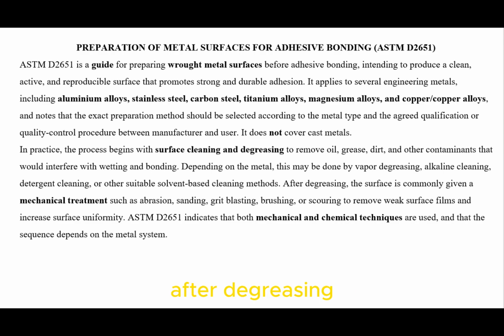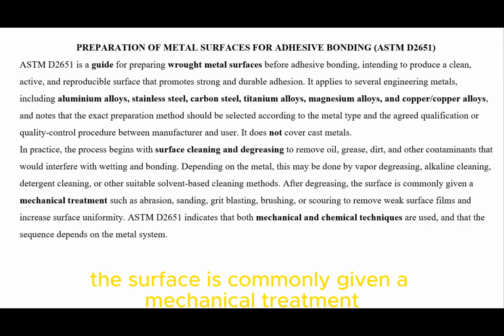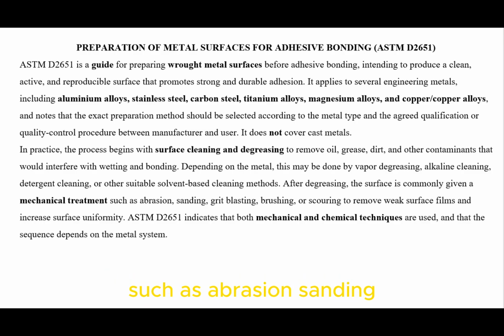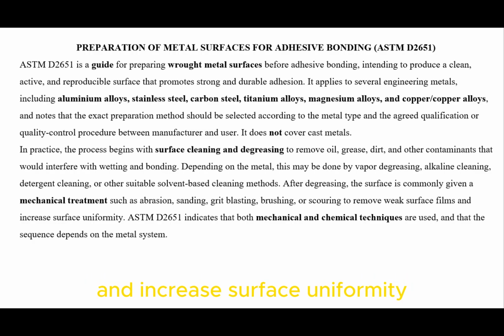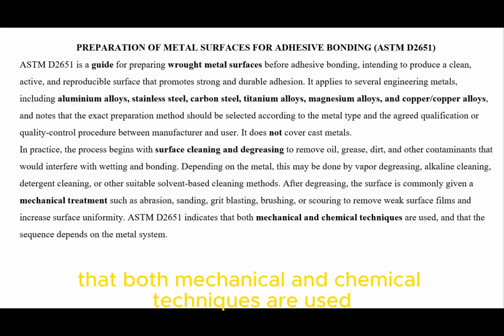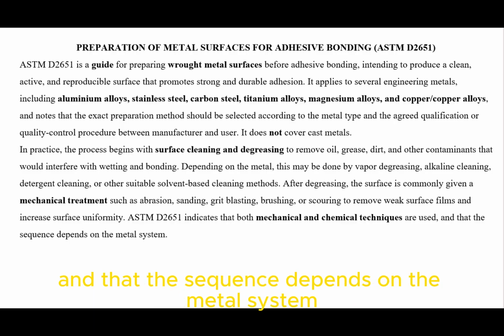After degreasing, the surface is commonly given a mechanical treatment such as abrasion, sanding, grit blasting, brushing, or scouring to remove weak surface films and increase surface uniformity. ASTM D2651 indicates that both mechanical and chemical techniques are used, and that the sequence depends on the metal system.